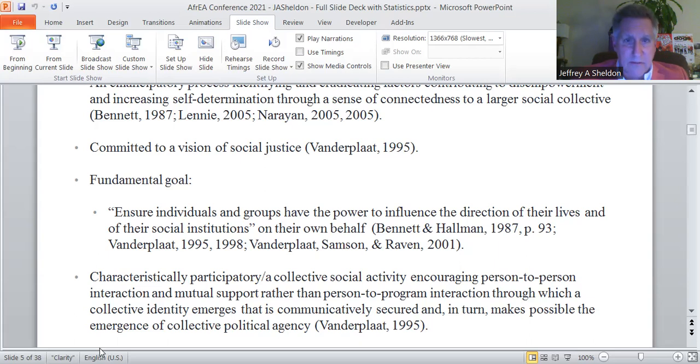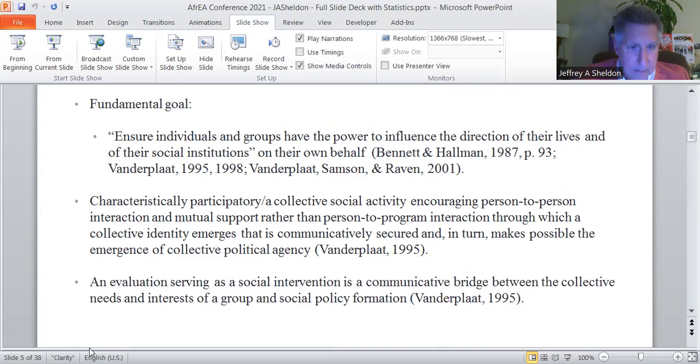So that's what a social intervention is, and this is the interesting thing.